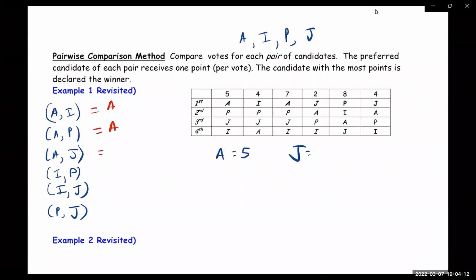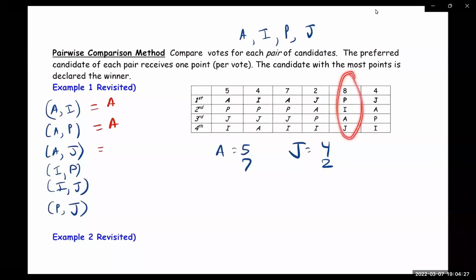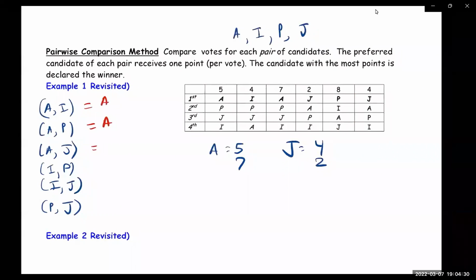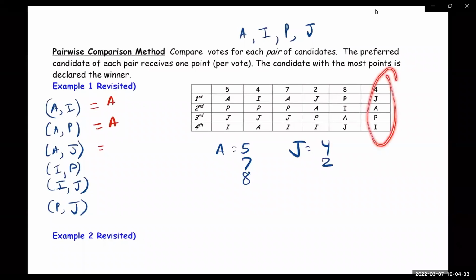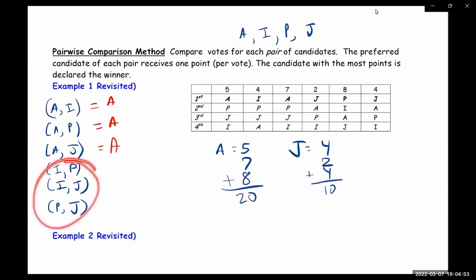A. Second one, J. Third one, A. Fourth one, J. Fifth one, A. And last one, J. This would be 10, this would be 20. So A is dominating. All right, so far A has 3 points. See, this counts as 1 point, 1 point, 1 point. So A has 3 points so far, and the rest of them have 0 points so far.